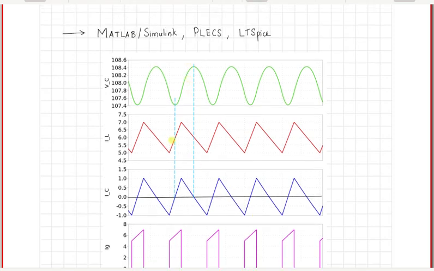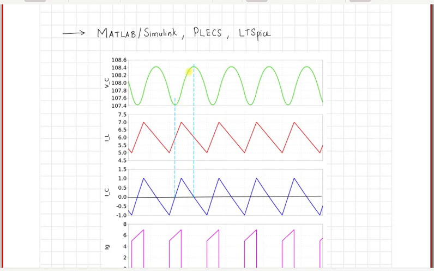So this is the 0 crossing point. Okay, so what I want you to appreciate is that from this point, which is the 0 crossing of the capacitor, to the next 0 crossing, this is the region where the capacitor current is going to be positive, and you can see that the capacitor voltage, as per our calculations, is completely having a rising value.